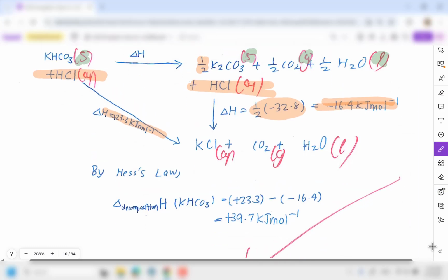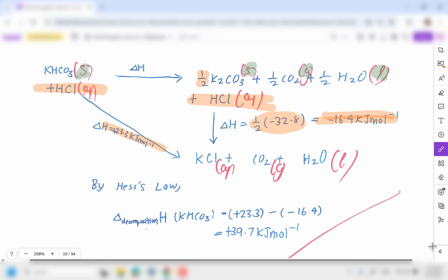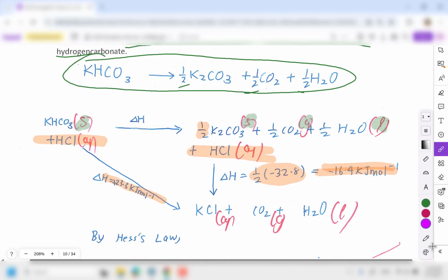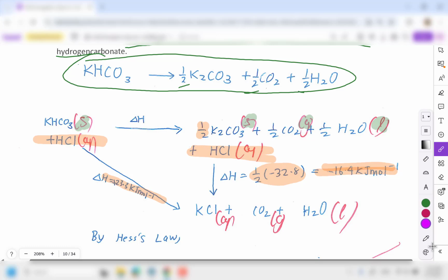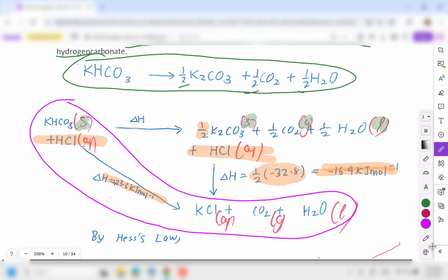Okay, and the balanced equation, I'm just going to use a different colored pen. The balanced equation he has already written for this. Because he incorporated HCl in both, there's nothing else to balance on the horizontal side, so I'm just going to remove the circle. And a balanced equation like this, and like this.